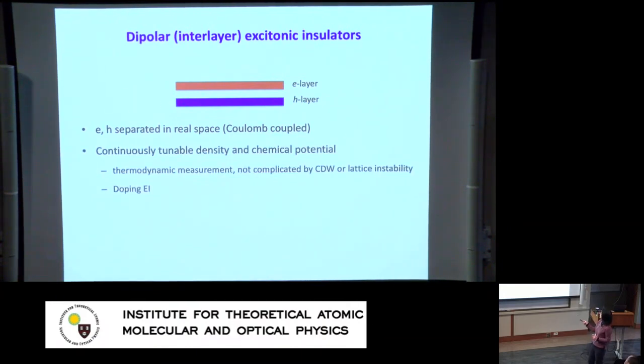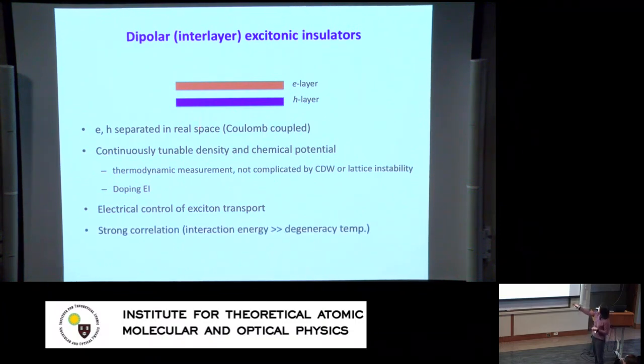Then you can continuously tune the density of exciton, which is also the chemical potential of exciton. So once you have that, you can do thermodynamic measurements. Then the results will not be complicated by formation of charge density wave or lattice instability. And you can easily construct an excitonic insulator by electrostatic means. And you can control the transport electrically.